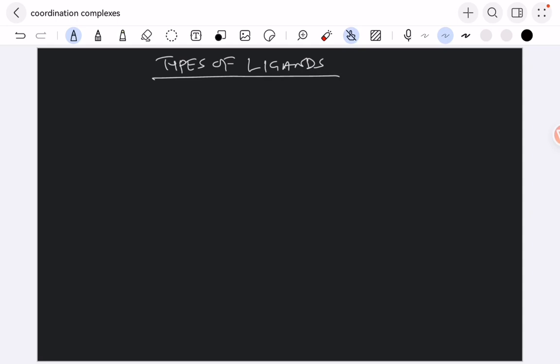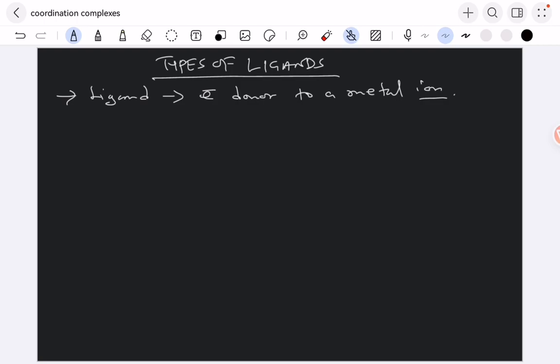So remember, in summary, a ligand is just an electron donor. They donate a pair of electrons to a metal ion, and this is done through dative bonding.